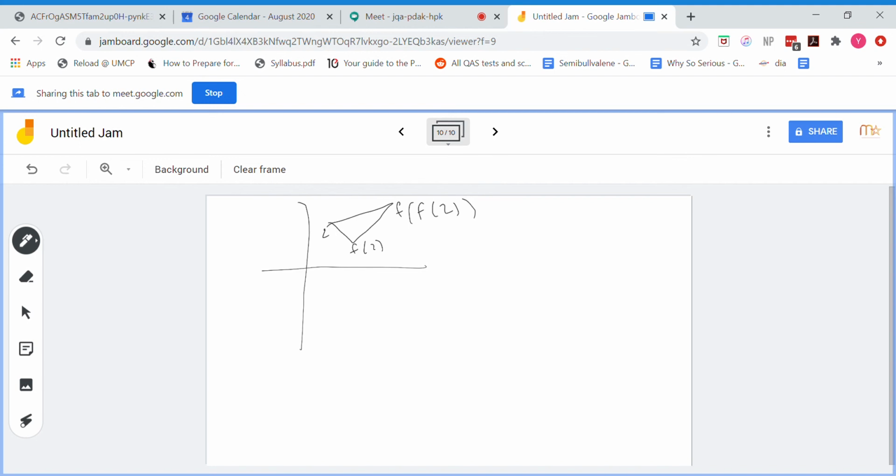And so dealing with length in complex geometry is not ideal because the distance formula is quite complicated, right? It's the magnitude of f(z) minus z, which has no general expansion. So rather than deal with that, let's deal with the angle part of this, which is that this angle is 90.